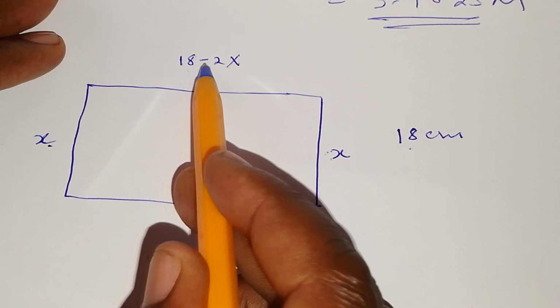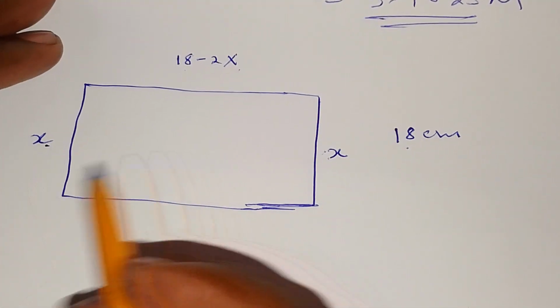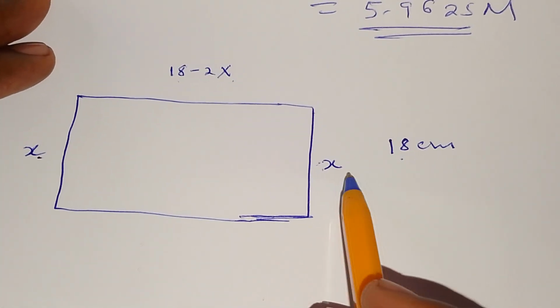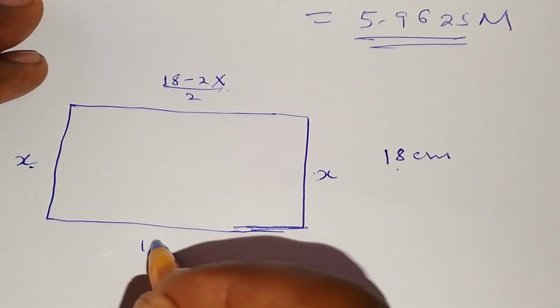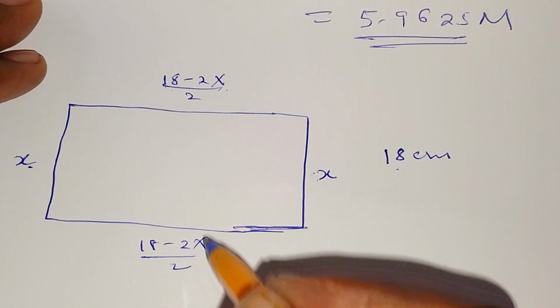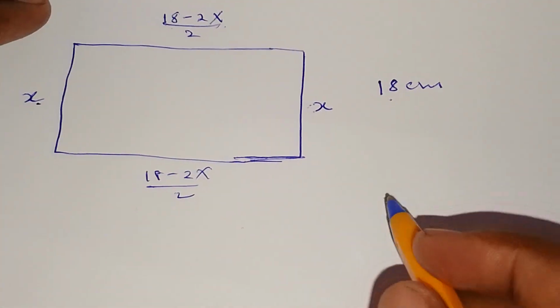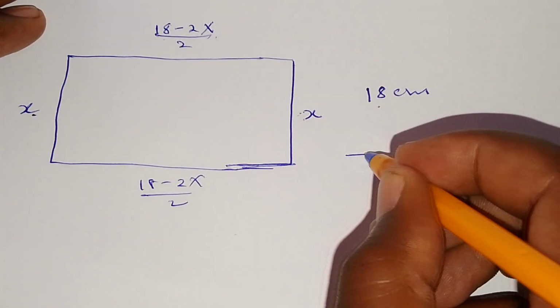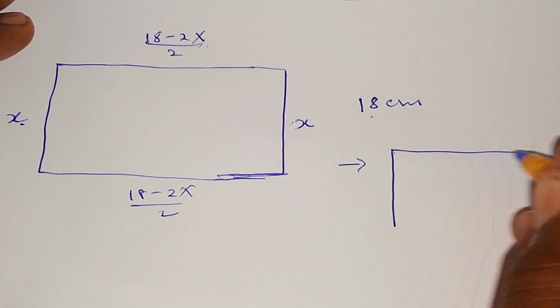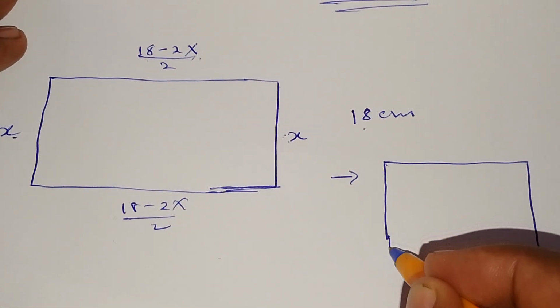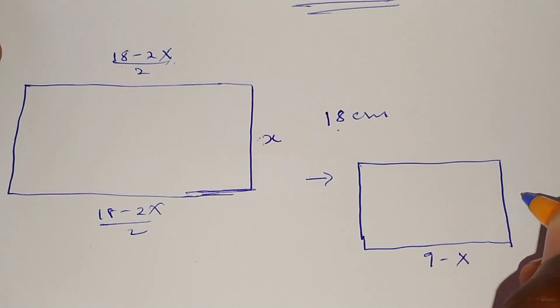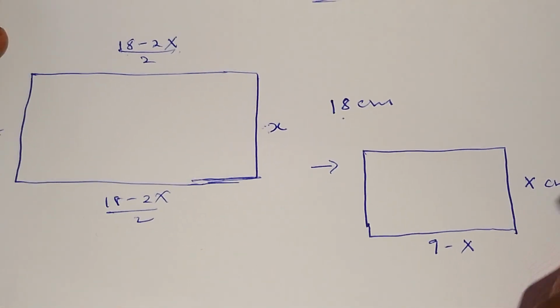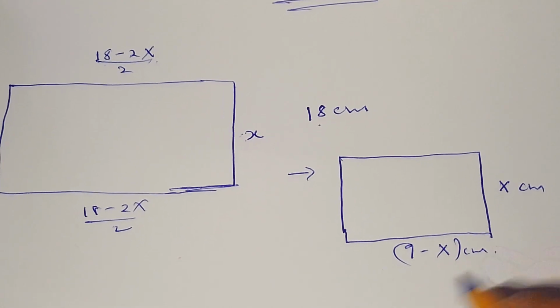But of course this 18 minus 2x, which is the remainder piece of the wire that was there, we are going to share this equally so that we can have the length of this rectangle. So by so doing, this gives us this nice looking rectangle, which is 9 minus x, and here we have x, so the units in centimeters.